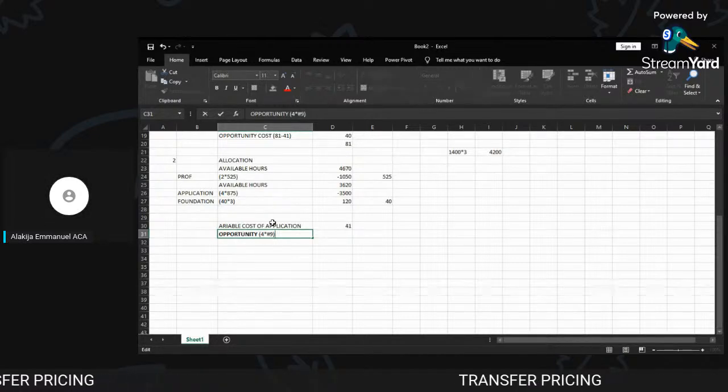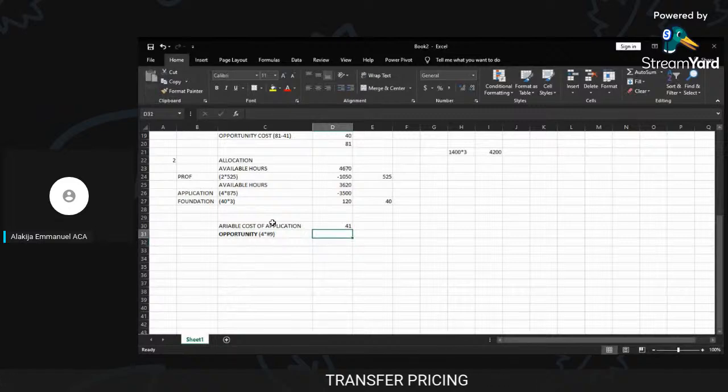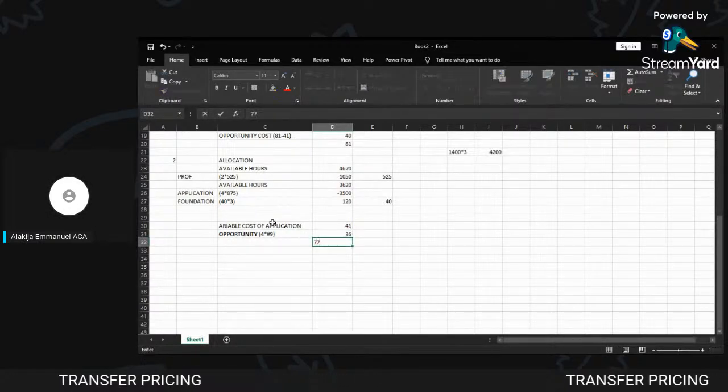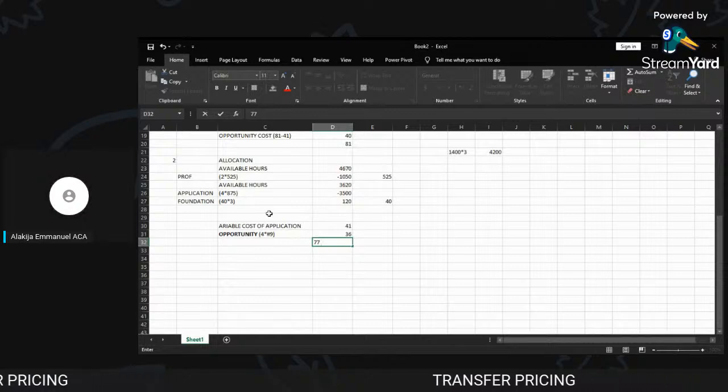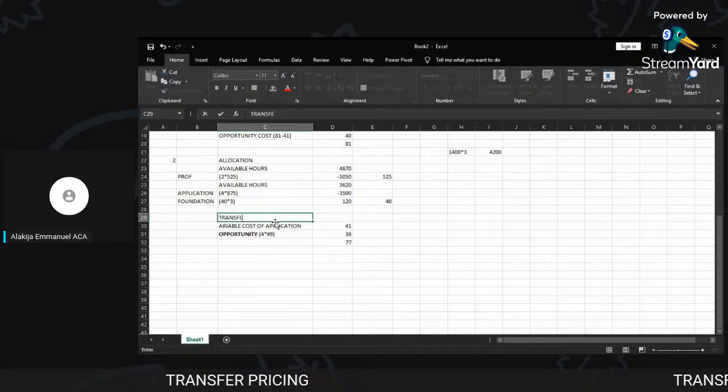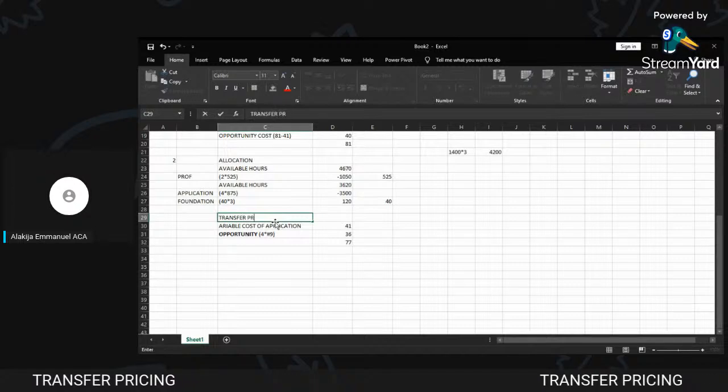This is 36. So 36 plus 41, that's 77 transfer price.